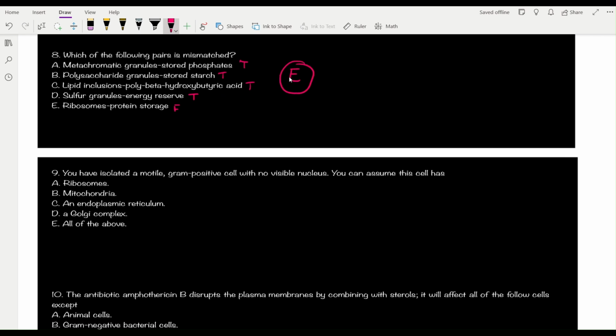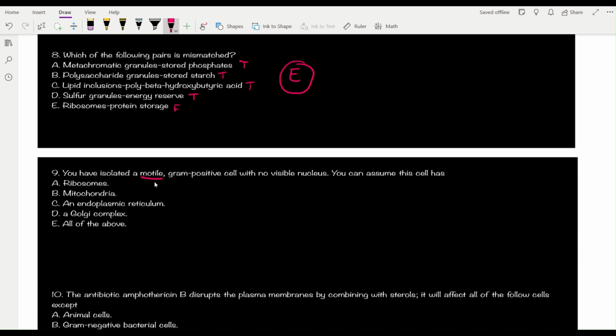It's mismatched. 9. You have isolated a motile gram-positive cell with no visible nucleus. You can assume this cell has. Pay attention to your questions. Motile, it moves, so it either has pili or flagella.